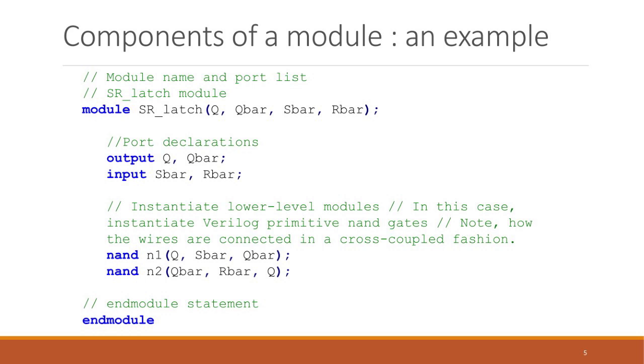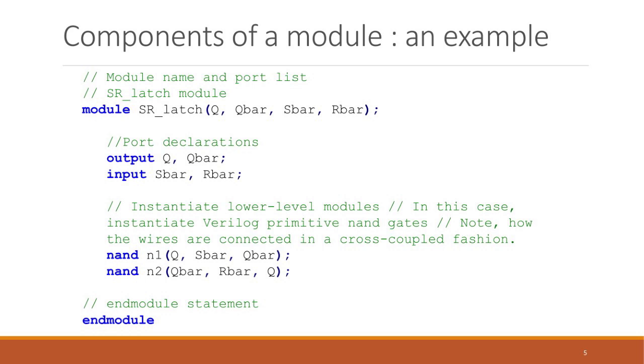For our SR latch, the outputs are Q and Q bar. The inputs are S bar and R bar. We need to specify all these input and output signals to the module in the ports list. Each of them should be separated by a comma.